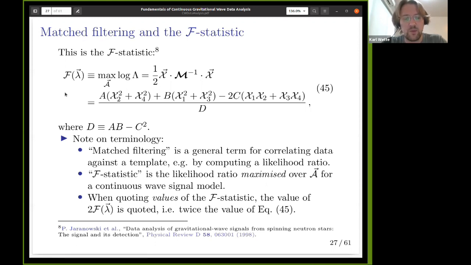For many things, like when we follow up a candidate, you'd eventually do that proper estimation to get the values. But as a detection statistic, it tends to work quite well, so those biases, even though they are there, don't tend to impact the detection power of the statistic very much.